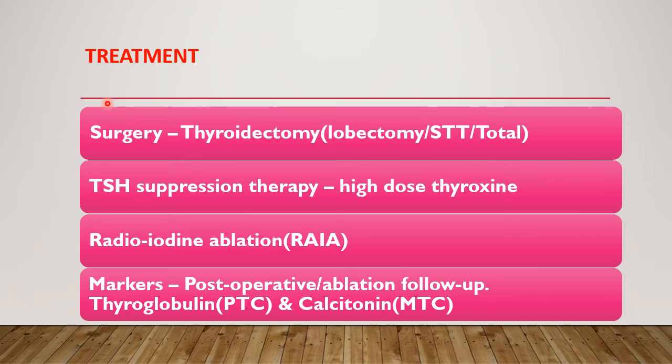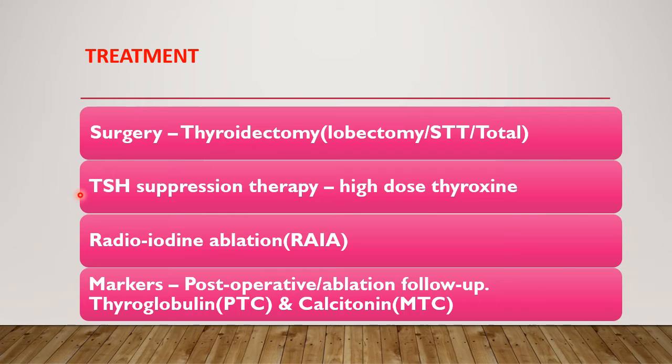As for the treatment of thyroid cancers, there are three main modalities. First, surgery, which consists of thyroidectomy. There are a number of types: lobectomy, subtotal thyroidectomy, and total thyroidectomy.